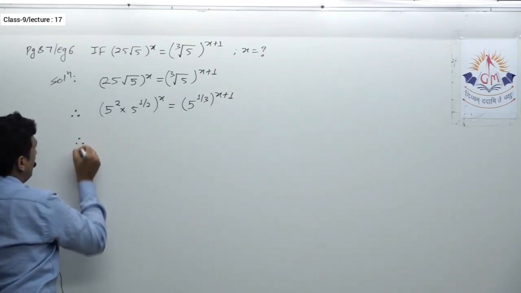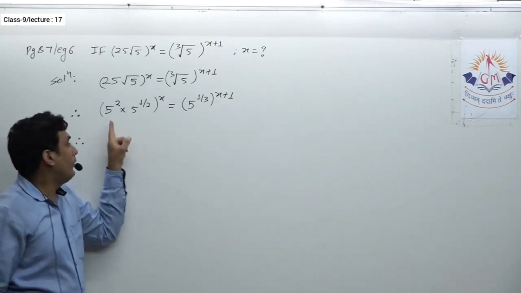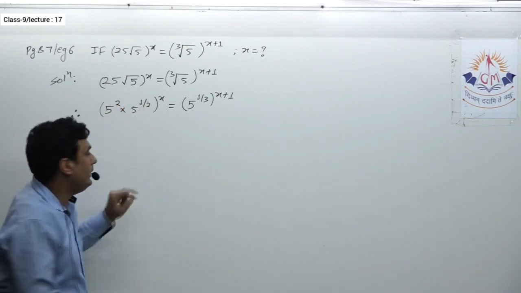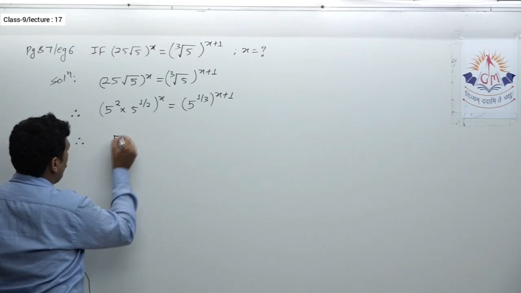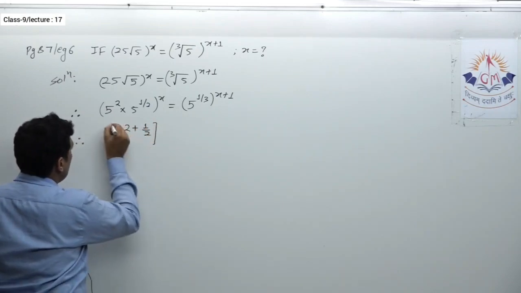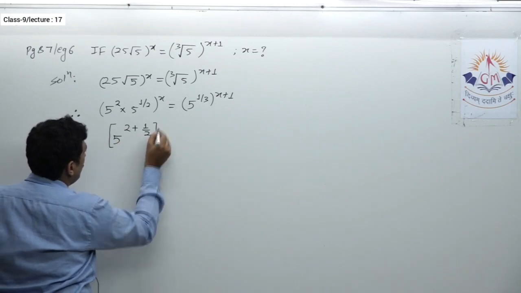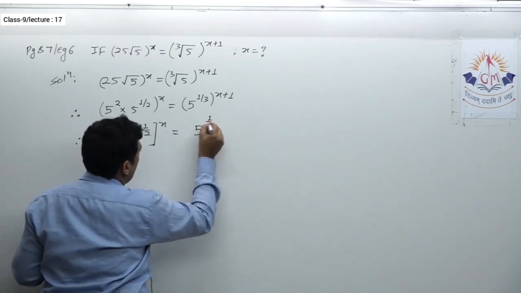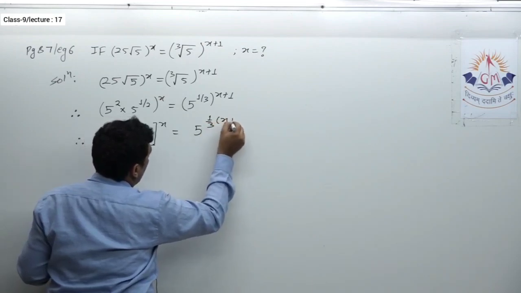Further here I can apply the product law: 5 square, 5 raised to 1 by 2, the bases are same, so we can add the powers. So 2 plus 1 by 2, raised to x, is equal to 5 raised to 1 by 3 multiplied by x plus 1.